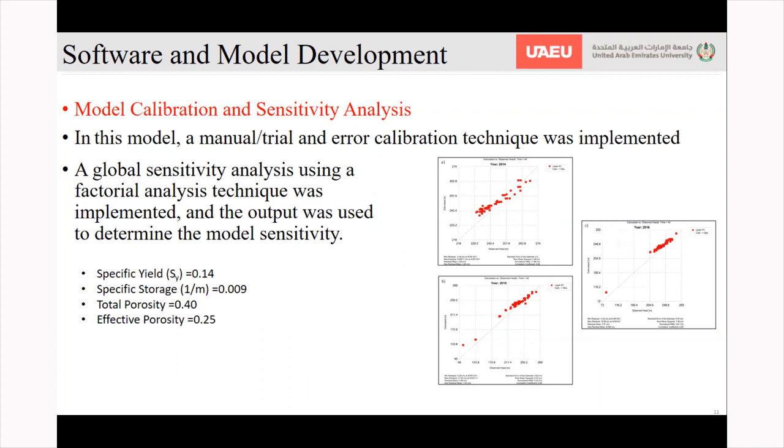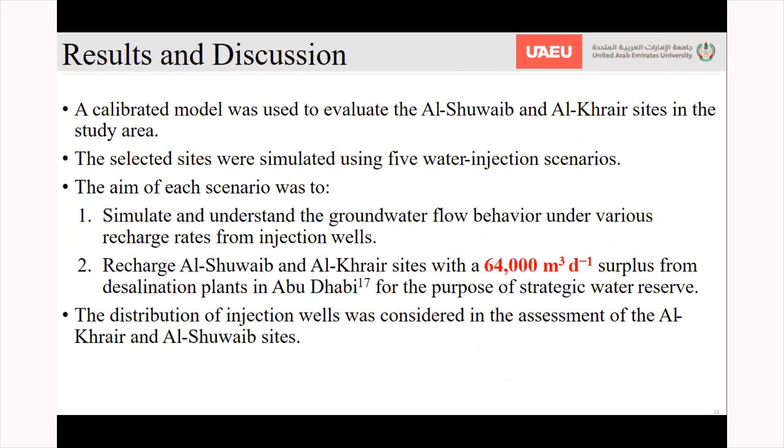And we can see here that there's a good agreement between the modeled numbers and the field numbers that we get from the field. After we calibrated the model, it was ready to be used with the two sites that we selected.